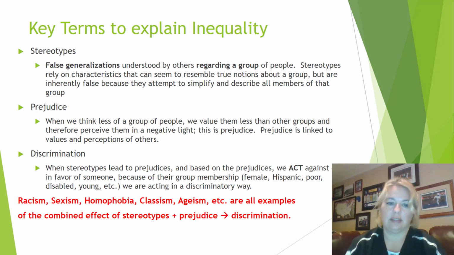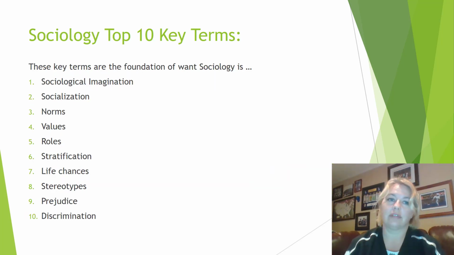Racism, sexism, homophobia, classism, ageism, ableism, all of these are examples of the combined effect of stereotypes plus prejudice leading to discrimination. And you can see how they perpetuate social stratification and life chances or lack thereof.